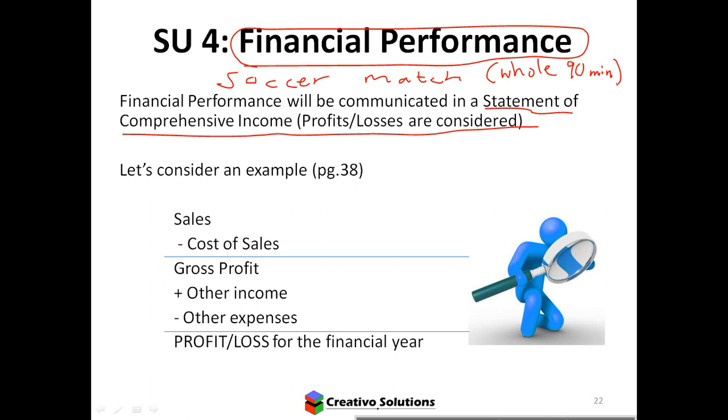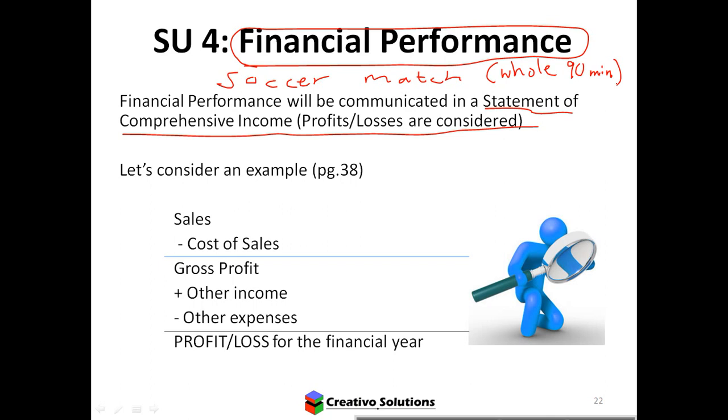But if I just keep it simple, the winner of the match is the team that scores the most goals over the 90 minutes. So if one goal is scored by one team, you can't say, well, that's the winner. Yes, they've performed, they've done well, but if I'm looking at performance, I'm looking at the entire 90 minutes. So which team was the better team over the 90 minutes?